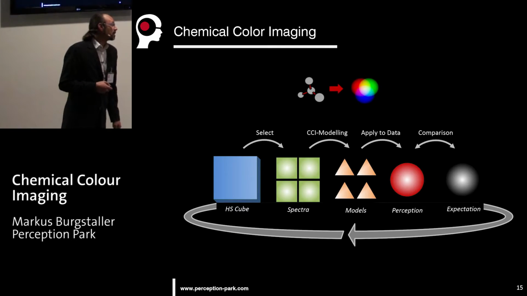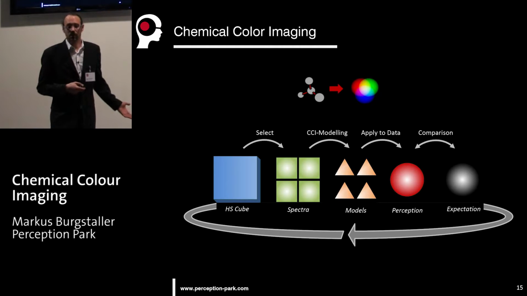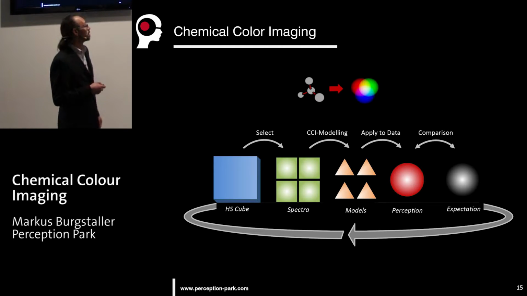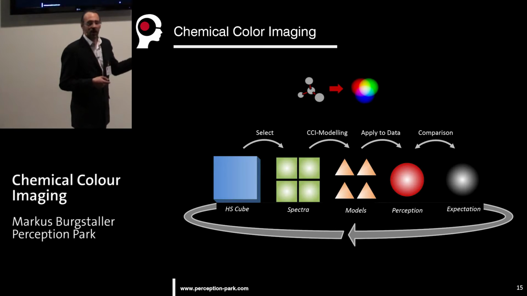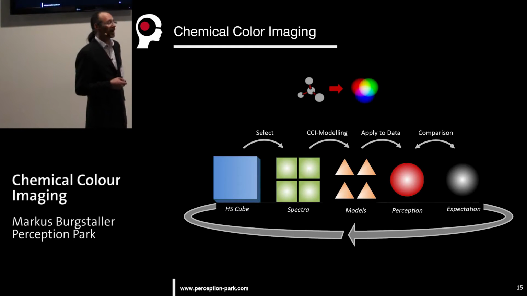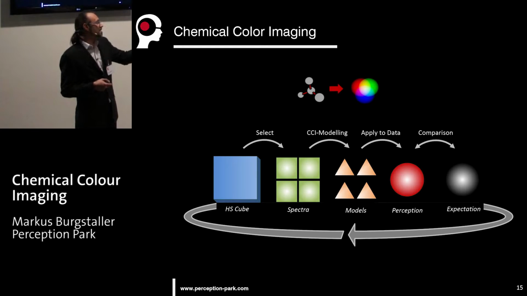The methodology, or the configuration process, is described like this. It begins by recording hyperspectral data, so you get the hyperspectral cube. You also have expectations. You want to separate, for example, as we showed today, sugar from paper. So your expectation is that this should be differentiated.